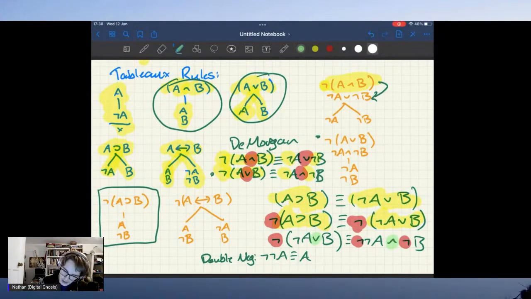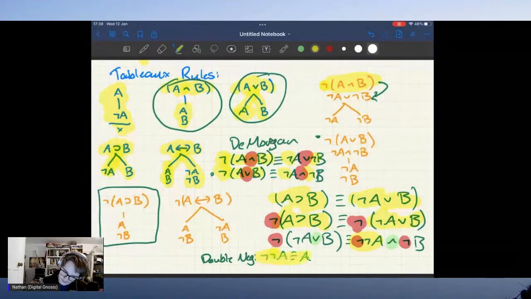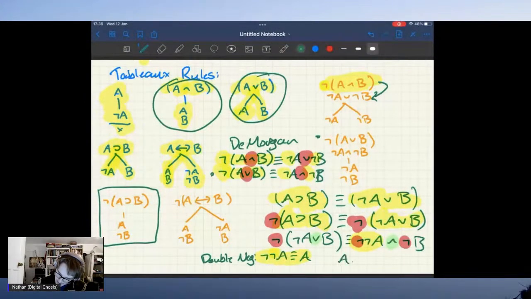So by double negation, this whole thing, not A, is just the same as A. So we end up with A and not B, which is just of the form of our conjunction over here. This is a long-winded route, but we're essentially just applying our conjunction rule to produce this A and not B.